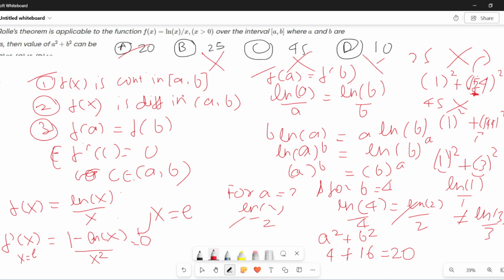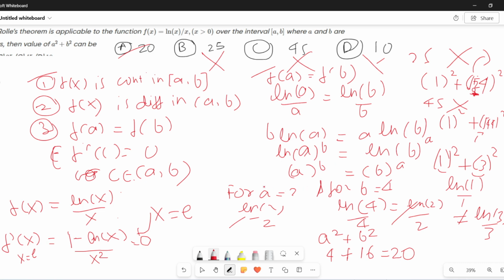First condition, f(x) is continuous in [a, b]. Second condition, f(x) is differentiable in (a, b). And third is the value of function f(a) = f(b), where f'(c) = 0 and c belongs to (a, b). So we check f(a) = f(b): ln a / a = ln b / b. Cross multiply: b ln a = a ln b, so a^b = b^a.